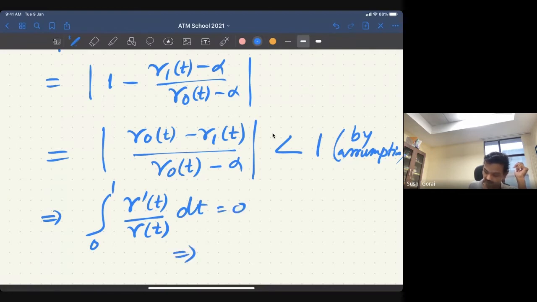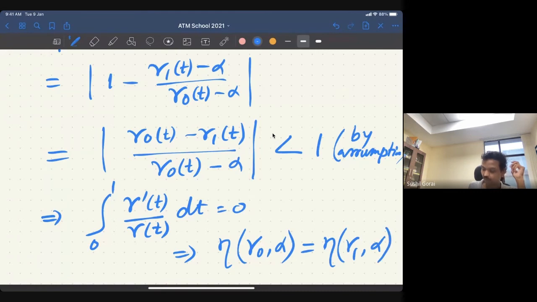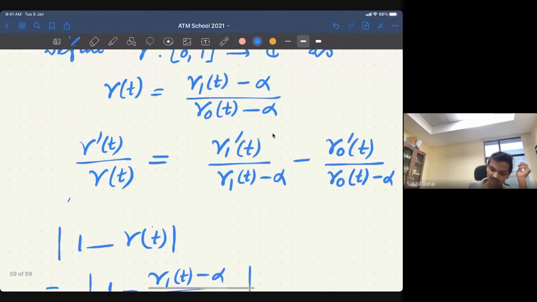This implies the index of gamma naught with respect to alpha, the winding number of gamma naught with respect to alpha, is the winding number of gamma 1. It is topology, right? So integrating this gives the winding number of gamma naught.